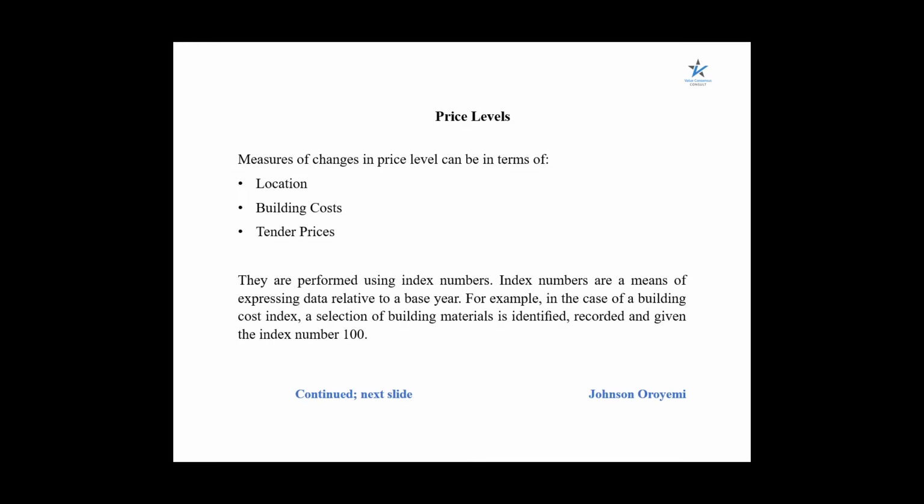Now these changes in price level are performed using what we call index numbers. Index numbers are a means of expressing data relative to a base year. What this means is that, taking for instance the case of a building cost index, a selection of building materials is identified, recorded, and given the index number 100.